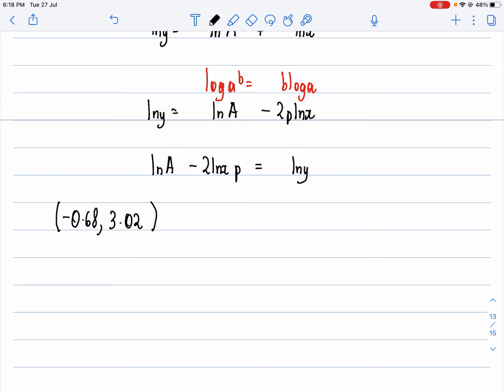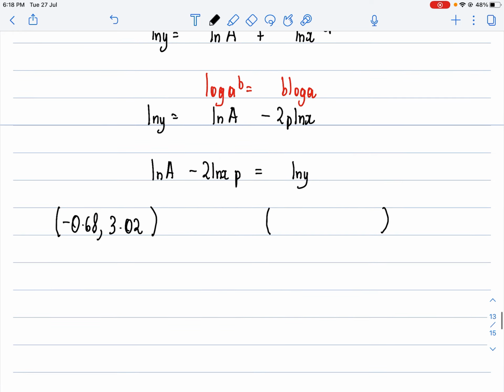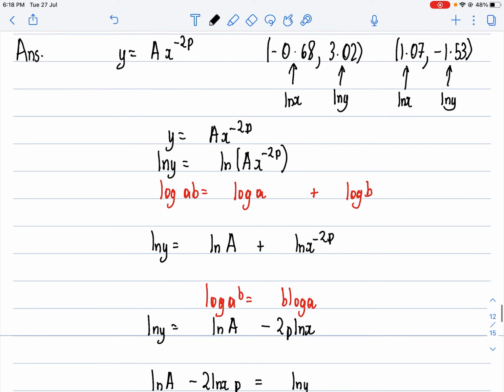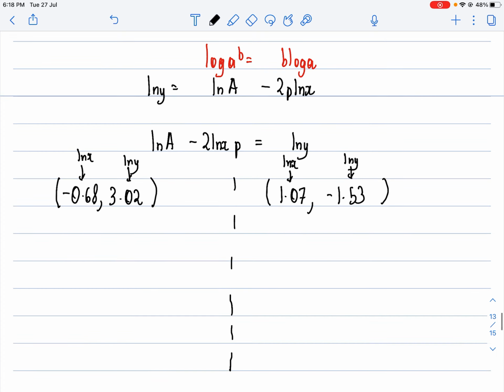The second set of coordinates which I have is basically 1.07 comma minus 1.53. Correct? So these are your two sets of coordinates. You know this thing here is ln x and this thing here is ln y. And this is also ln x and ln y because of the axes.